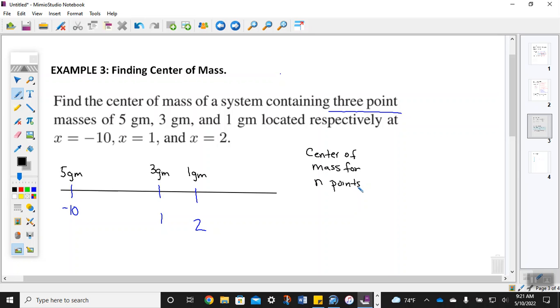Now there's a formula for this. It states the following: the center of mass for points will equal the summation of all of your x values times your masses, all over the summation of all of your total masses.